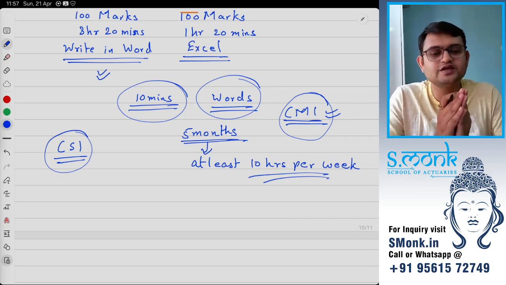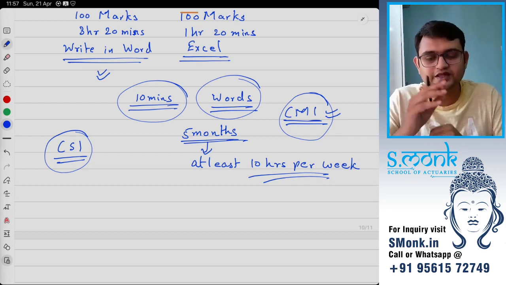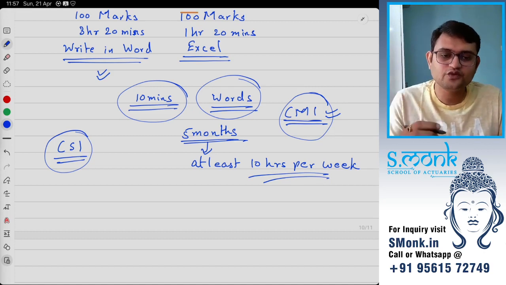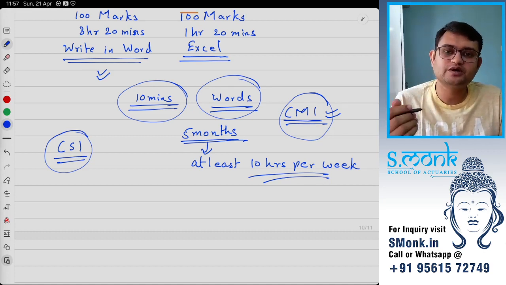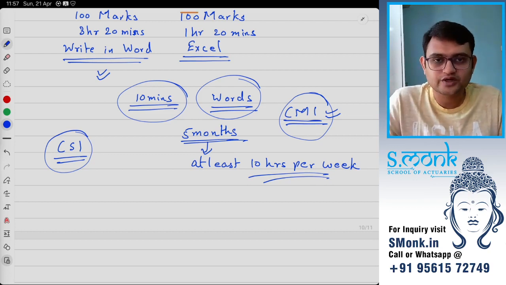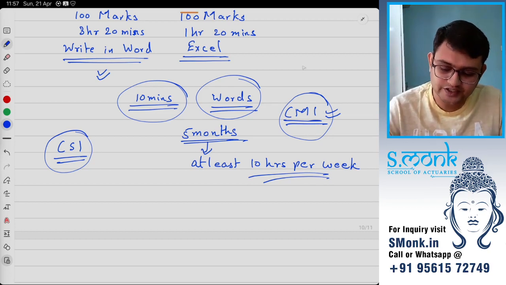So everything in the financial world, financial mathematics, will be covered in CM1, and then you will go into life insurance. So if you want to work in a life insurance company, CM1 is definitely going to be important for you. If you want to work in investment, the next paper CM2 is going to be important for you.